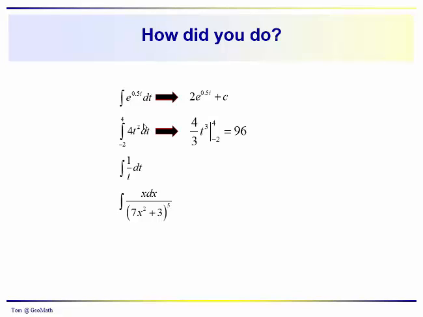We know that we're going to increase the exponent by 1, so we're going to have to divide by 3. When we differentiate this, we get 3t squared. The 3's cancel out. We get the integrand back. But this is a definite integral evaluated over the range from -2 to 4. You should get 96.